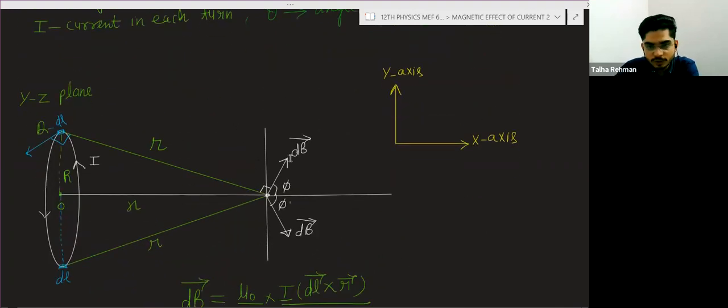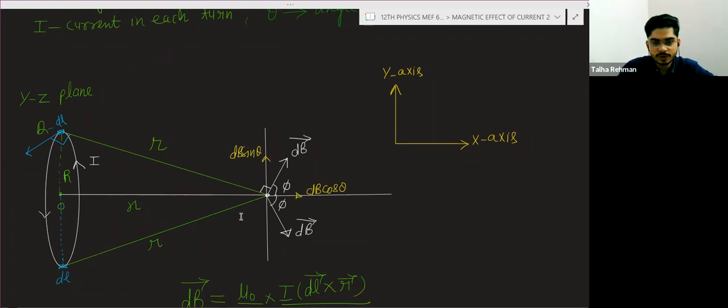So now you will take the x component of this dB and the y component of this dB. So the x component of this dB will be dB cos theta, and the y component will be dB sin theta. And for this magnetic field, the same thing you will do.